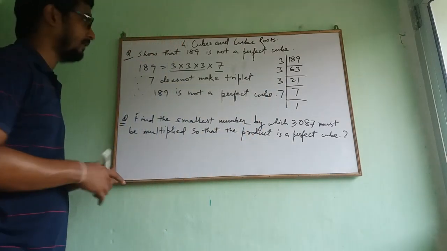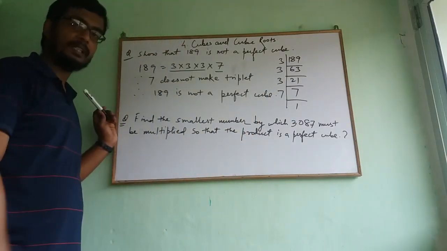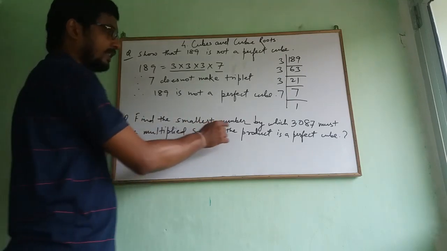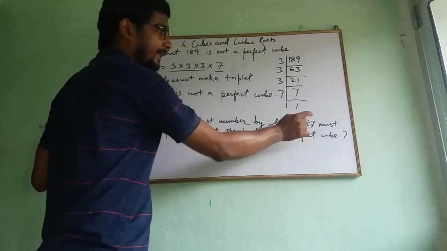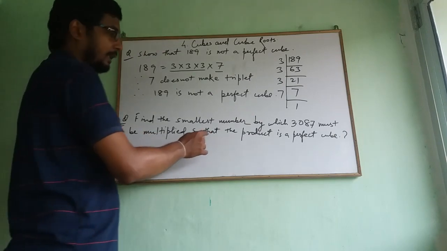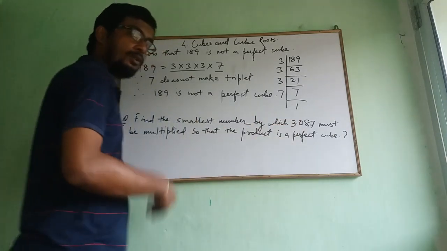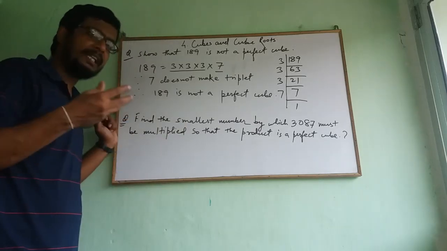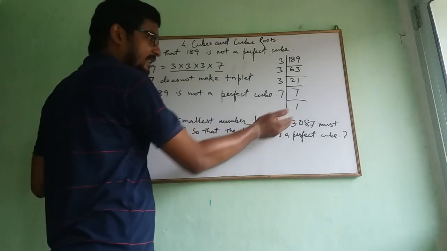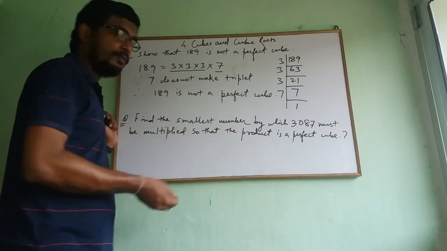I hope that you have understood this question. Now let's come to our next question, that is, find the smallest number by which 3087 must be multiplied so that the product is a perfect cube. Right now 3087 is not a perfect cube. I have to multiply by the smallest number which makes it a perfect cube. So let's see how we will solve it.